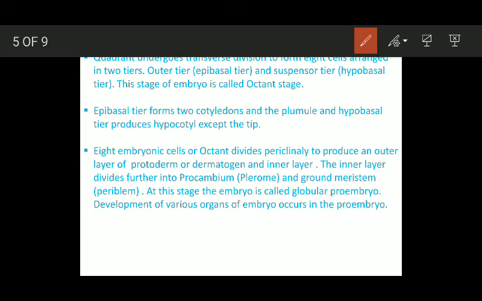जो epibasal tier होता है, it forms two cotyledons and plumule, or you can say future shoot of the plant. याद रखना.